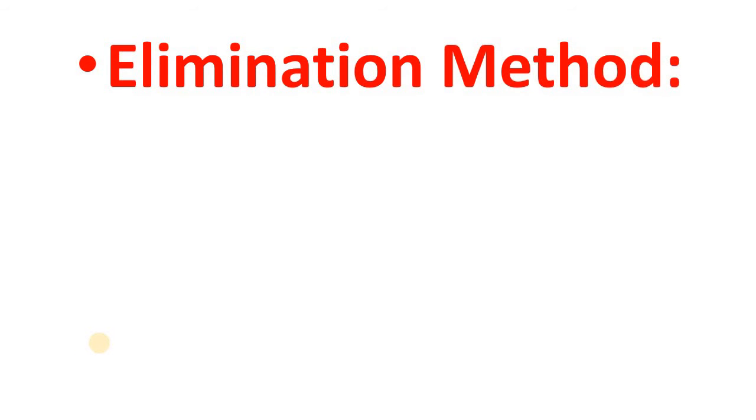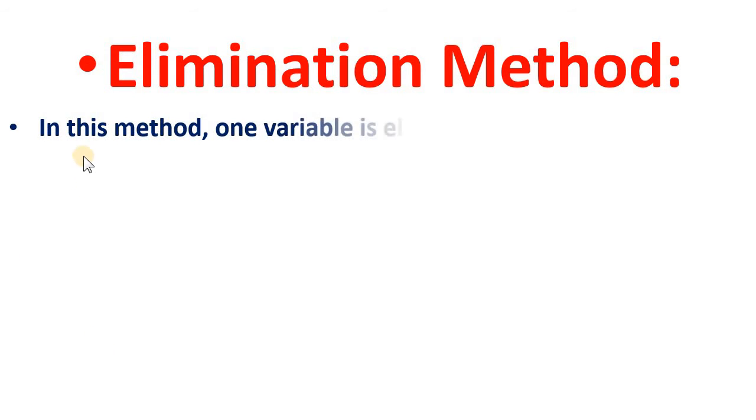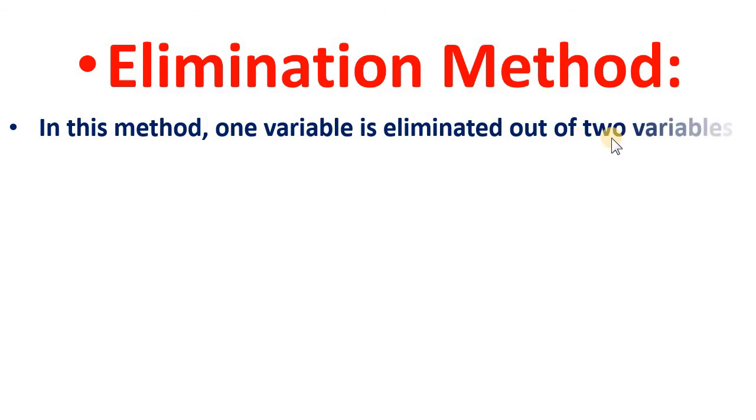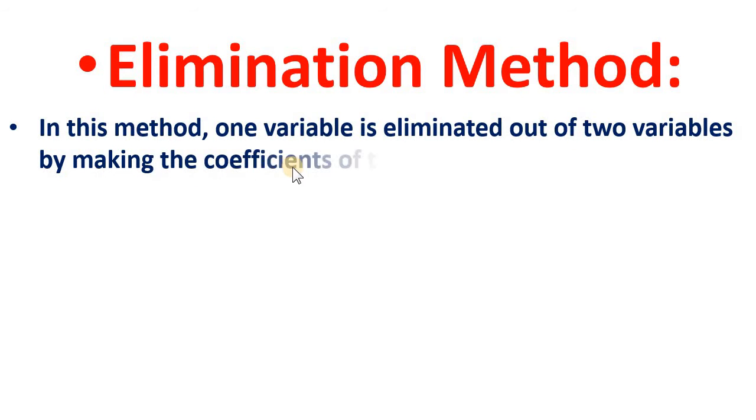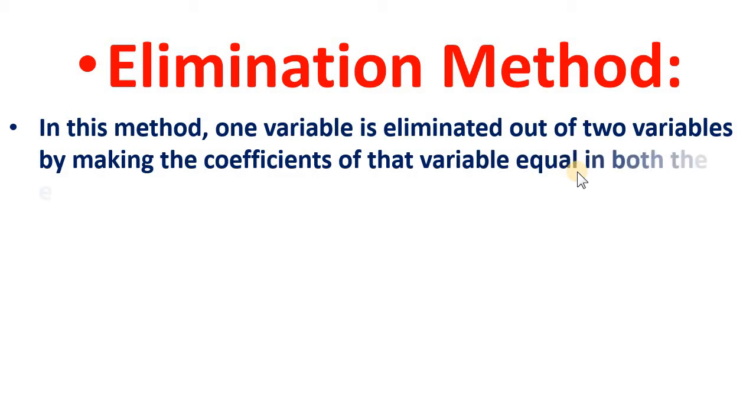So what is the elimination method? What is the meaning of elimination? Elimination method means that in this method, one variable is eliminated out of the two variables by making the coefficients of that variable equal in both the equations.